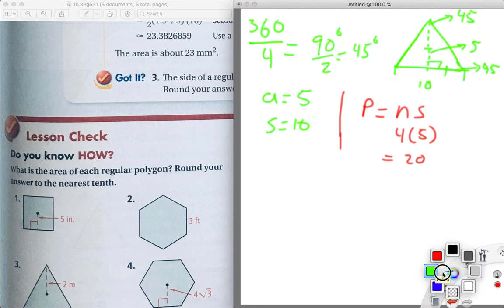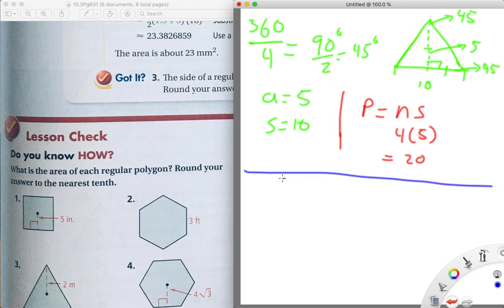I also know that the area of a regular polygon is 1/2 the apothem times the perimeter. In this case, it's going to be 1/2 of 5 times 20, which is 50.